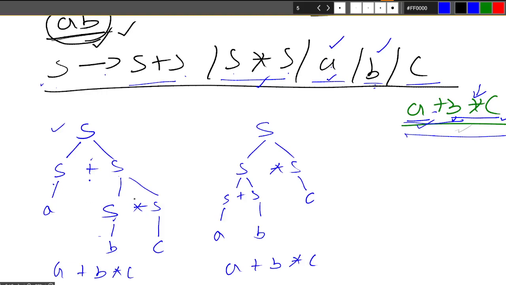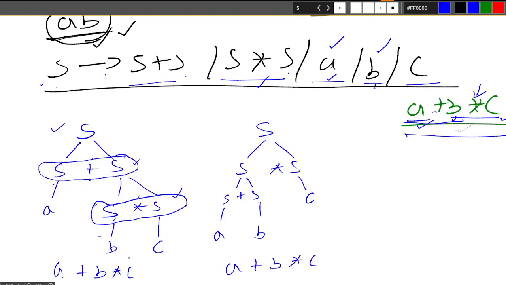If at all this is an operator, then the operation which is towards the leaf is performed first, and then later on those which are towards the root.